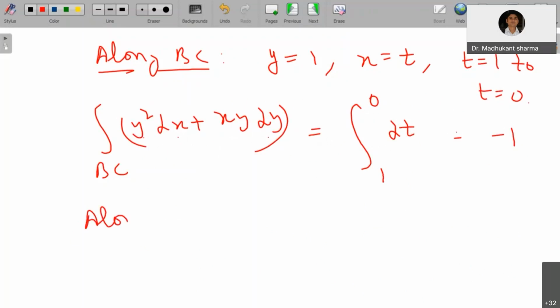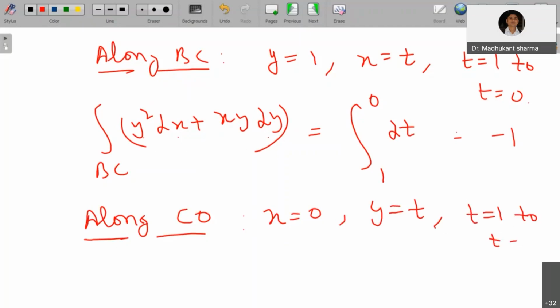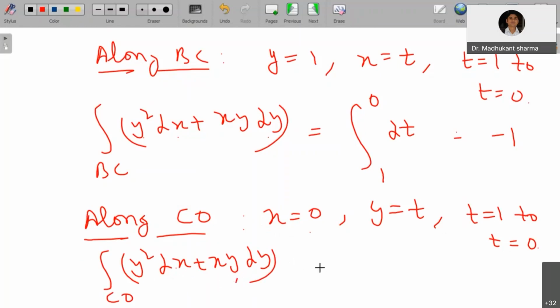Now along CO, x is equal to 0, y equals t, and t goes from 1 to 0. Right? So along CO, for y square dx plus x times y dy, dx is 0 and x is 0, so the second term does not contribute anything either. The value is 0.